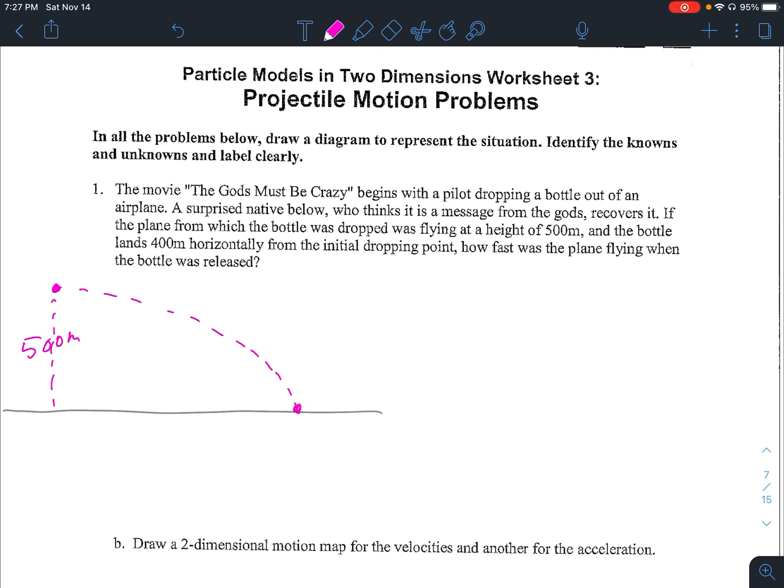And this distance was 400 meters. I guess I should draw it like this. And we're really looking to see what velocity it was moving in the x direction to see how fast this plane was flying. And again, this is assuming there's no friction, no air resistance, because we would have to do some other calculations.